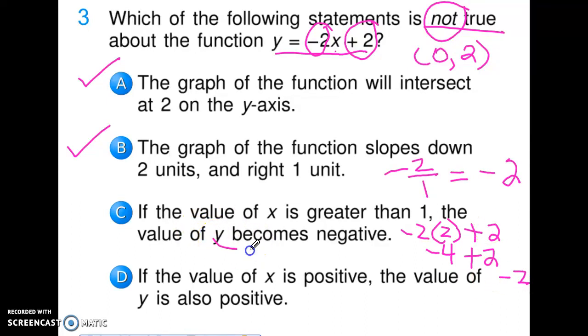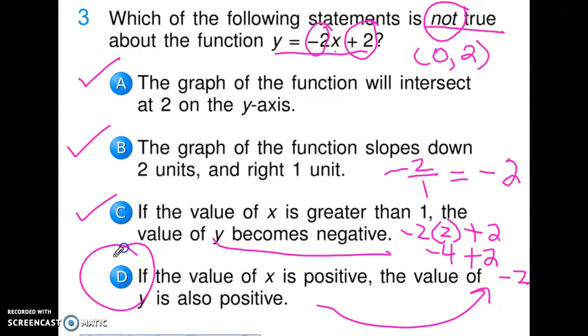It says the value of y becomes negative. Well, that's true. Now D: if the value of x is positive, the value of y is also positive. Well, we just found out that that is not true, that the answer was negative. So D is the correct answer for the third problem, your Wednesday problem for the week.